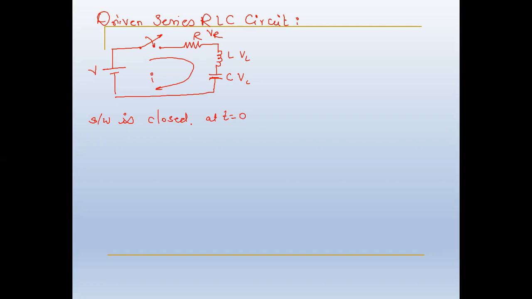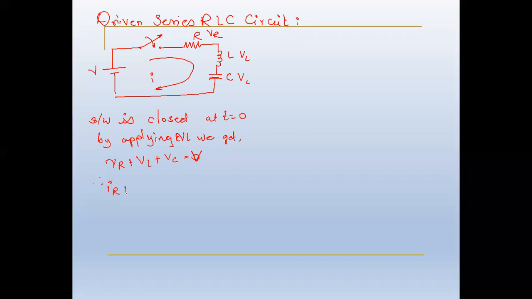After closing the switch, voltage V is applied to the circuit, and thus for t greater than 0, by applying KVL, we get VR plus VL plus VC is equal to the total voltage V. Therefore, it is IR plus L into di by dt plus 1 by C integration of I dt, which is equal to V. Let us call this equation number 1.